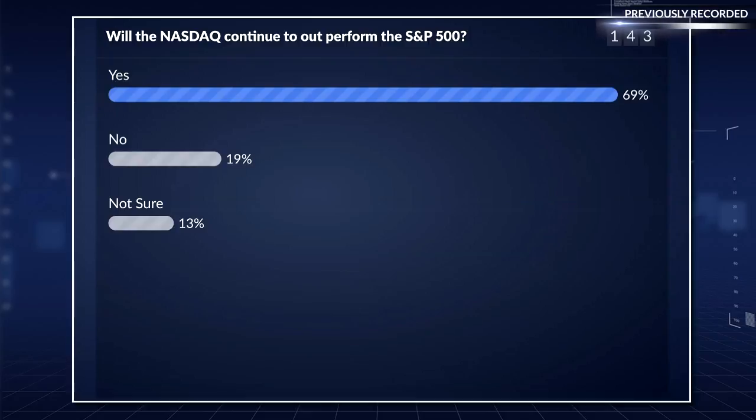Mm-hmm. I think this poll is interesting because the S&P and the Dow are clear laggards in the index race right now. And the NASDAQ and the Russell have just shown such good leadership.